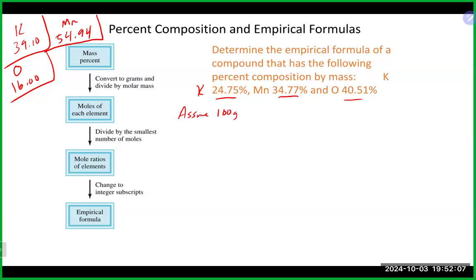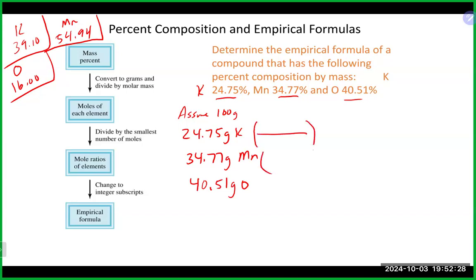And that basically will just turn these percentages into grams. So we'll have 24.75 grams of potassium. We'll have 34.77 grams of Mn. And we'll have 40.51 grams of oxygen.